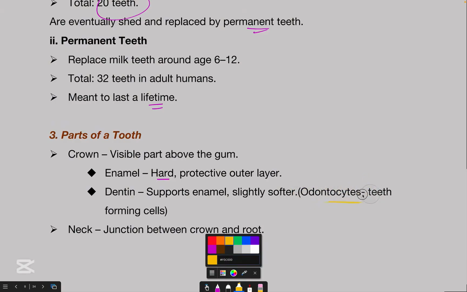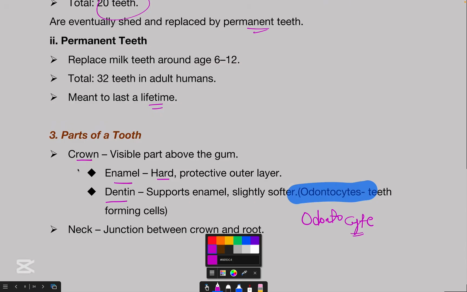Odontocytes are the teeth-forming cells, and they are present in the dentine. Dentine and the enamel are part of the crown of the teeth.